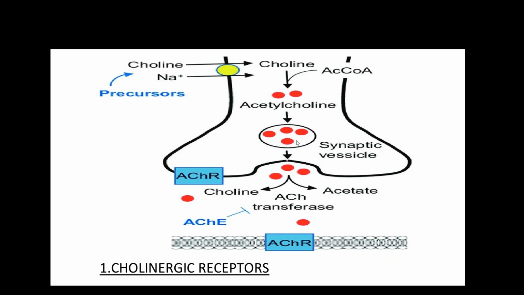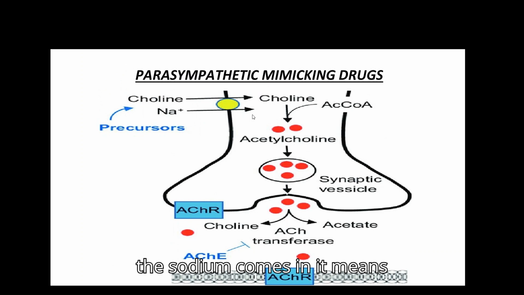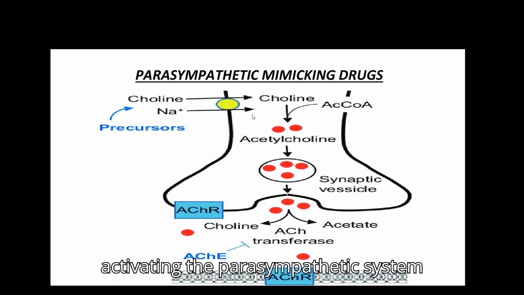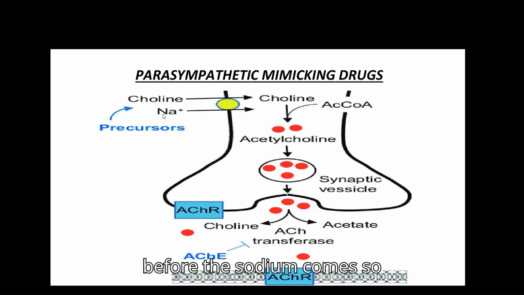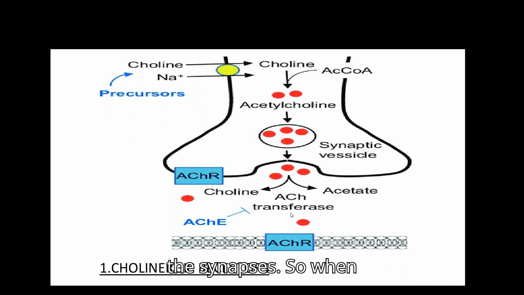So before the sodium comes in, that is, before the parasympathetic system is activated, these neurotransmitters are in the nerve terminal vesicles. When sodium comes, the nerve impulse comes, so calcium goes in and binds with these acetylcholine-containing vesicles, and it is released into the synapse.